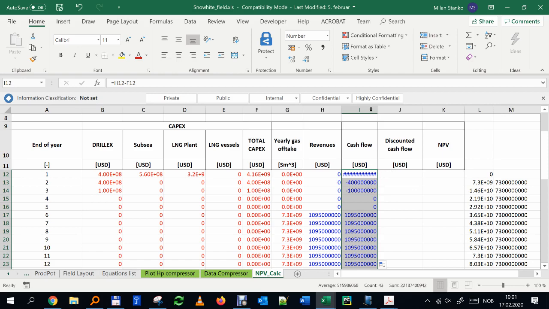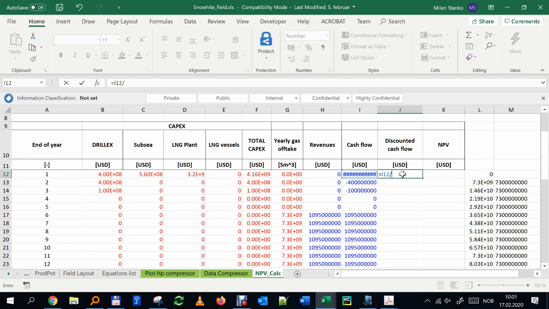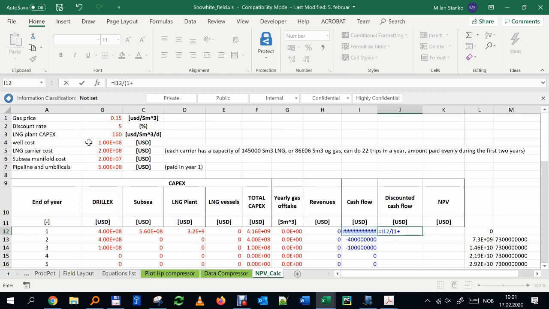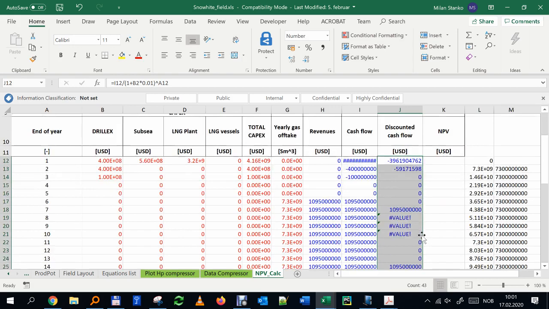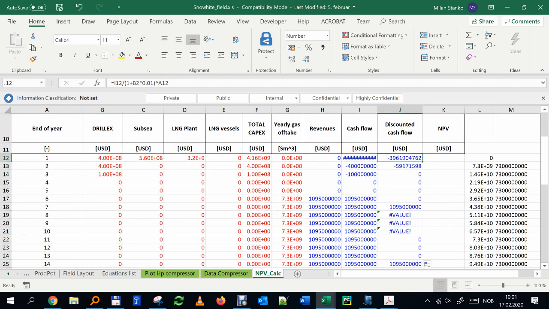Then the discounted cash flow is that number divided by 1 plus this interest rate, the discount rate, to the power of the year. And something that I didn't block, this one.